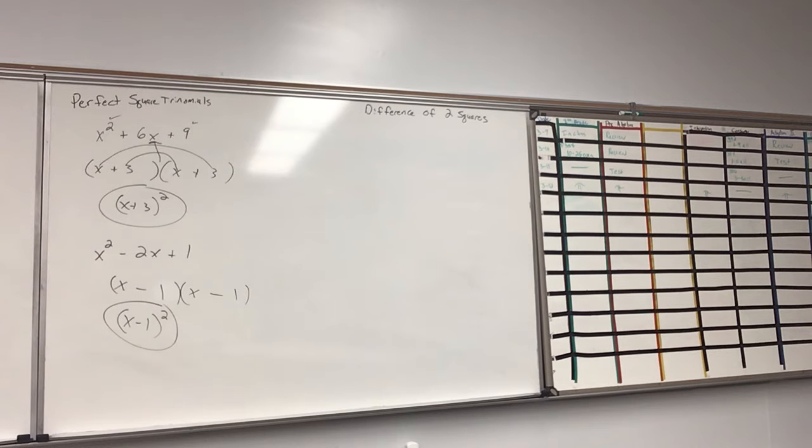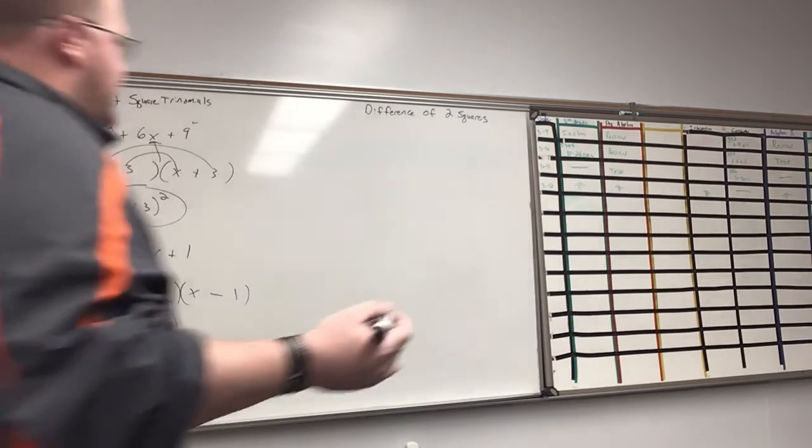So how we're going to approach that one is we're going to take something like x squared minus 9.